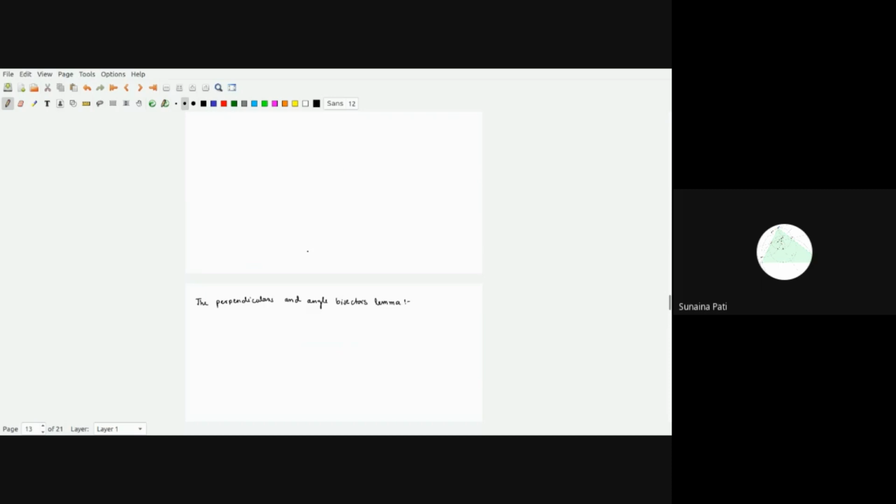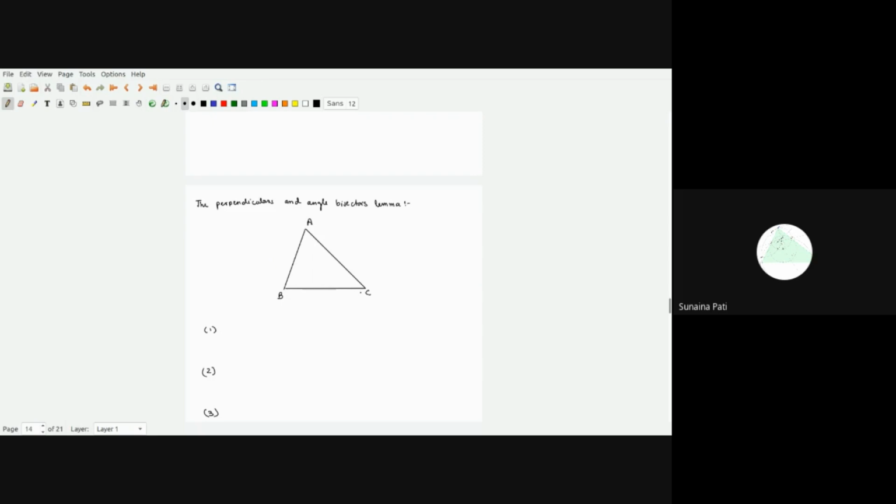There's a perpendiculars and angle bisector lemma, which I'll just simply state as I said earlier, but I won't prove it. So let me make a nice triangle ABC.